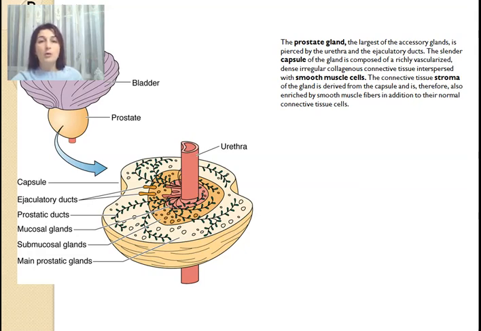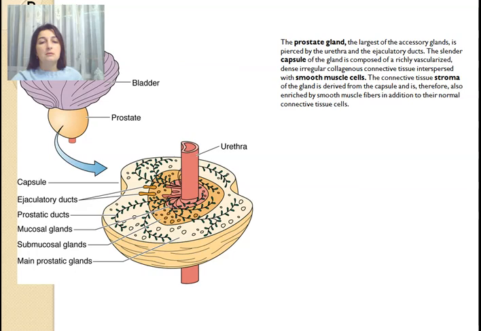The main component of the secretion of the seminal vesicles is fructose, which is necessary for nourishment of spermatozoa. Prostate gland also produces its own secretion, which is rich in prostaglandins, in acid phosphatases, in citric acid, and neutral proteases.